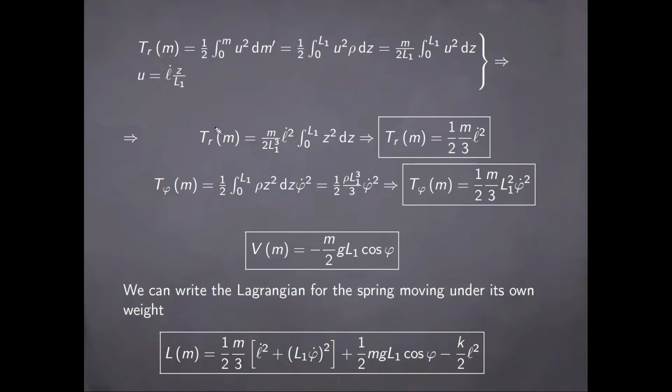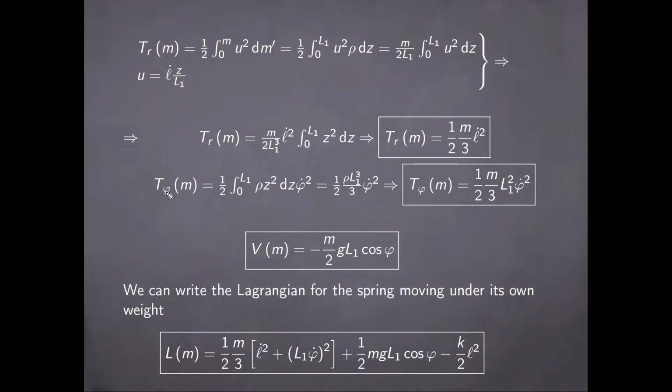So with these considerations, the radial part of the kinetic energy becomes the integral here, which is very easy to solve and leads me to this expression. So the radial kinetic energy as a function of mass is 1 over 2 L dot squared times m over 3. So effectively only a third of the spring's mass enters the formula of the radial kinetic energy.